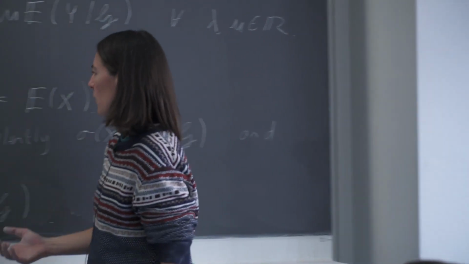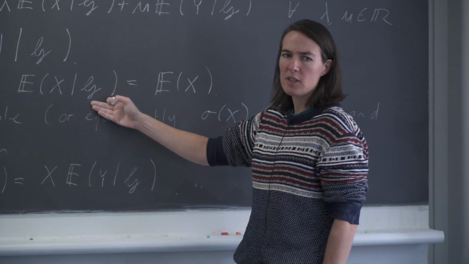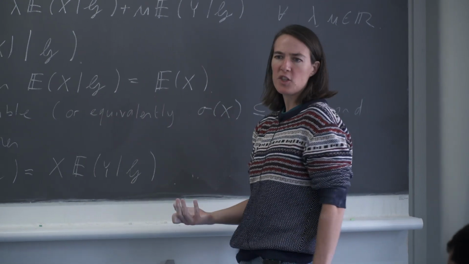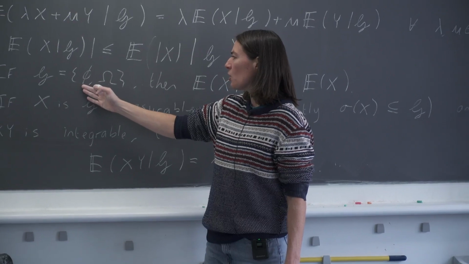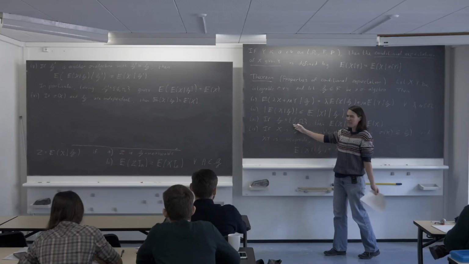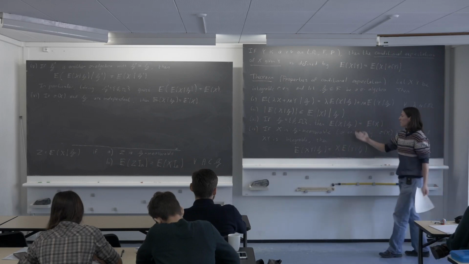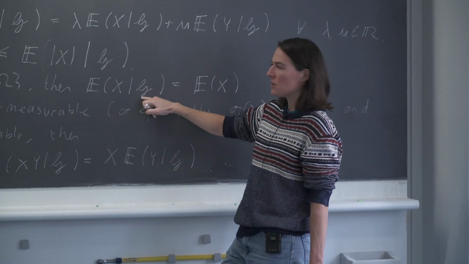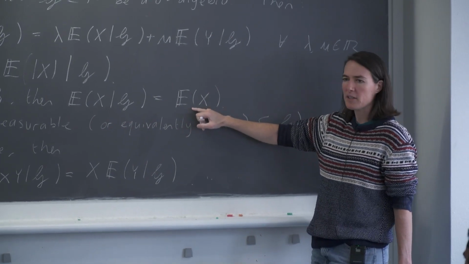What about the third one? Well, the third one tells us that if G is the trivial sigma algebra, in other words, if we have no information, if the only events that you know whether they've occurred or not are nothing and everything, then essentially you have no information. So conditioned on being given no information, your expectation is just your old definition of expectation.